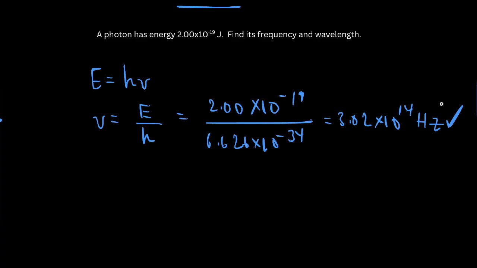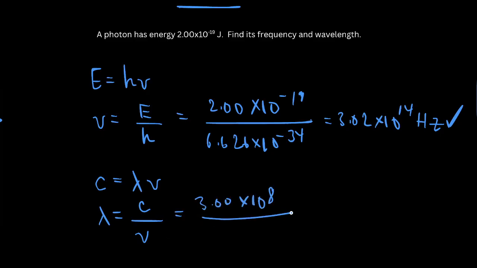We have our frequency, so using this formula, isolating for wavelength, c over nu, we can find our wavelength. So this is just 3 times 10 to the 8th, that's our speed of light, divided by the frequency that we just found, which is 3.02 times 10 to the 14.